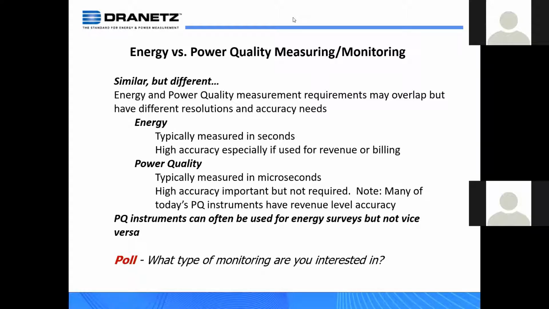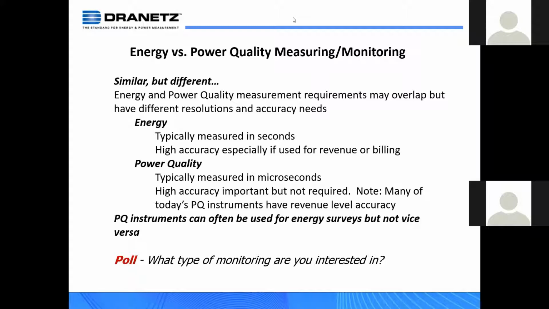So most of you folks are interested in either PQ monitoring only or both demand and energy, not interested in energy only. So that's very interesting. We always like to see how our customers wish to apply the instruments. So thank you so much. I'm going to end the polling here. We'll have one more poll as we go along.